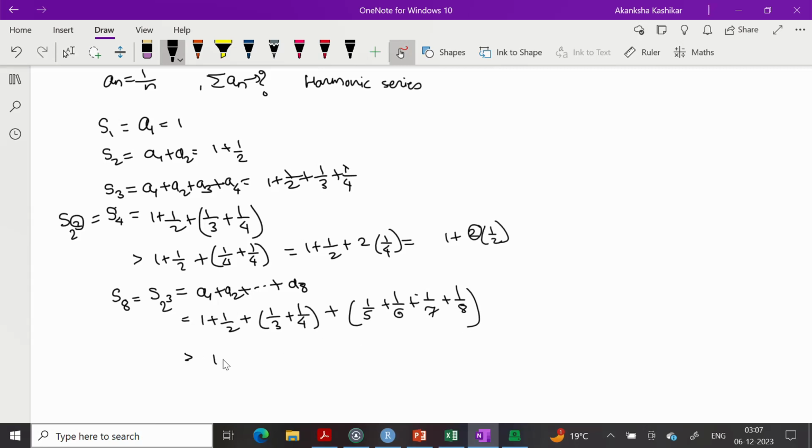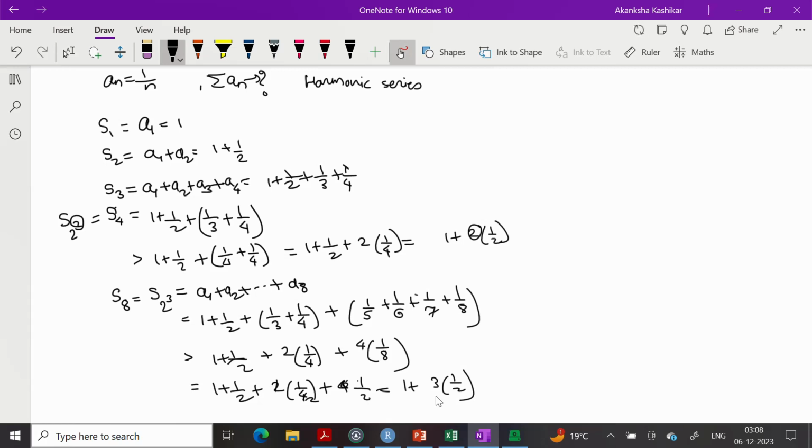So this is greater than 1 plus half plus 2 times 1 by 4 plus this, we know every term is greater than 1 by 8. So this is 4 times 1 by 8. So this is equal to 1 plus half plus 2 times 1 by 4 plus 4 times 1 by 8, which is actually half, and this is also half. So this is 1 plus 3 times half.